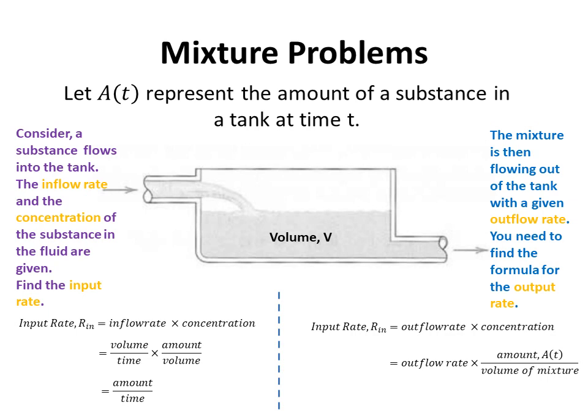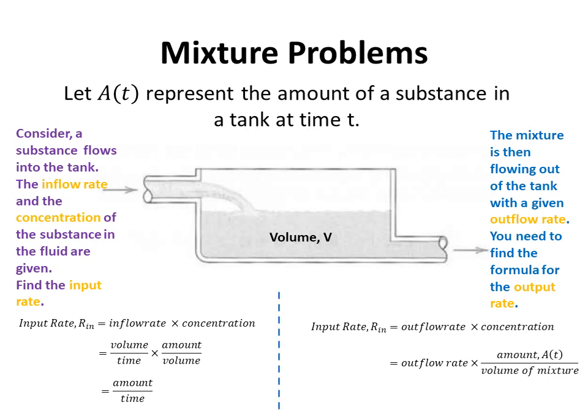Let A of t represent the amount of a substance in a tank at time t. In order to use the compartmental analysis model, we must be able to determine the rates at which this substance enters and leaves the tank.